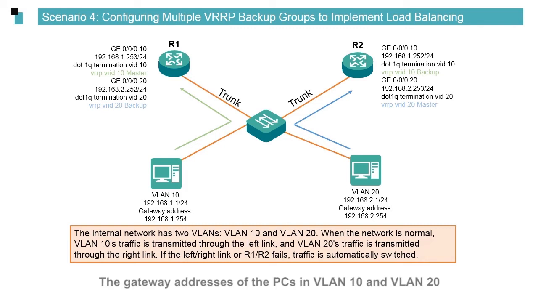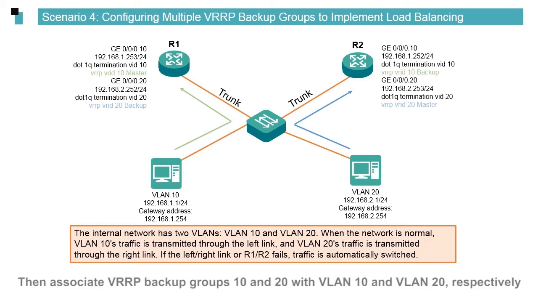The gateway addresses of the PCs in VLAN 10 and VLAN 20 are 192.168.1.254 and 192.168.2.254 respectively. First, configure VRRP backup groups on the interfaces of R1 and R2 connected to the switch.